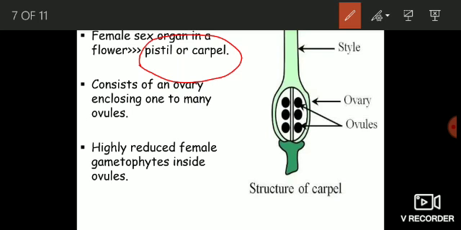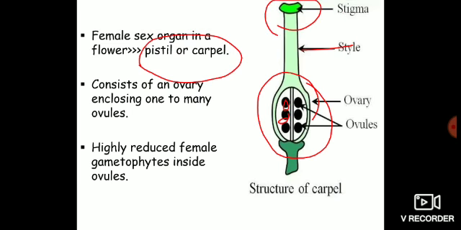Simply stated, the gynoecium is constituted of pistils, and each pistil has 3 parts. You have the basal swollen part, which is known as ovary, and inside this ovary you have a number of ovules. You have the middle part, which is known as style, and the upper part is known as stigma, and it receives the pollen grains during pollination.